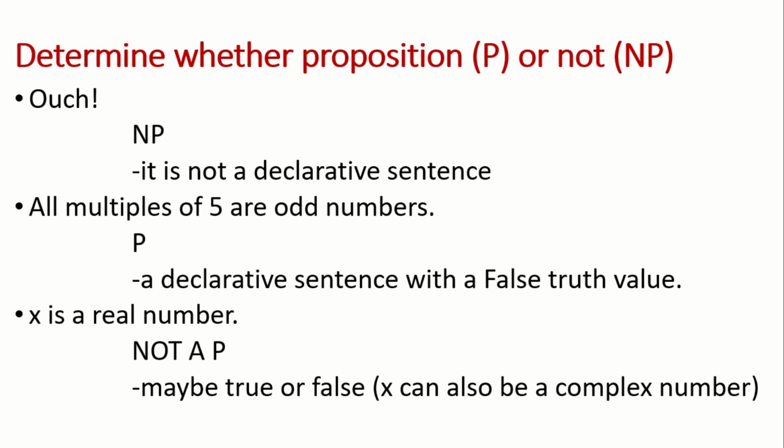So X can be equal to 1 plus 2i. Now, X is not plainly true. It is not plainly false. It can be true and false at the same time. So it is not a proposition. Because again, we do not know the exact value of X.